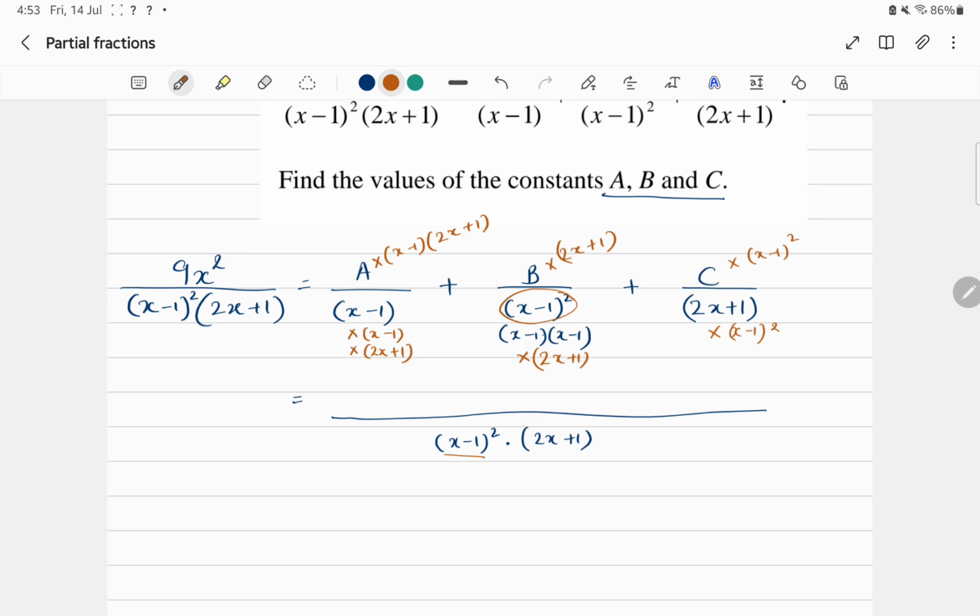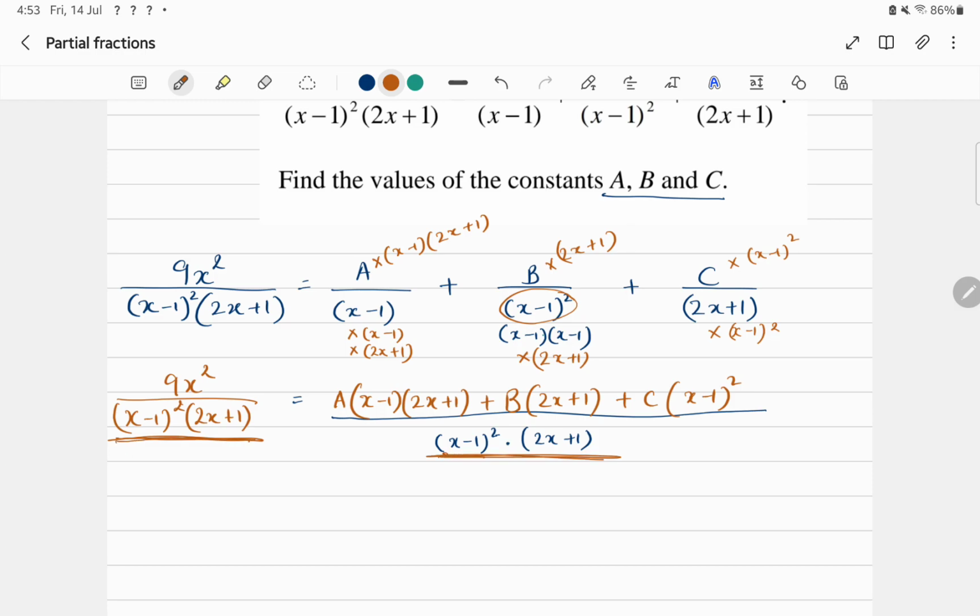This is basic fractions that we do. Right, so now let's write that in the numerator. So we have a(x minus 1)(2x plus 1) plus b(2x plus 1) plus c(x minus 1) whole squared. Now on the left hand side and right hand side, the denominators are equal, so we can compare the numerators.